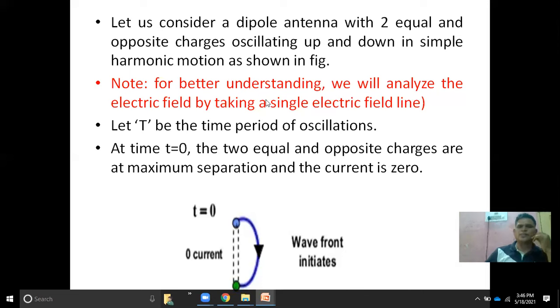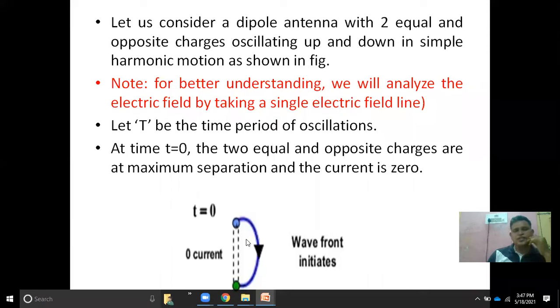Because of the maximum separation, it carries only minimum or zero current. At this position, the electric field lines start at the positive charge and terminate at the negative charge. Here we are drawing only one line, but there will be many lines in the practical case.